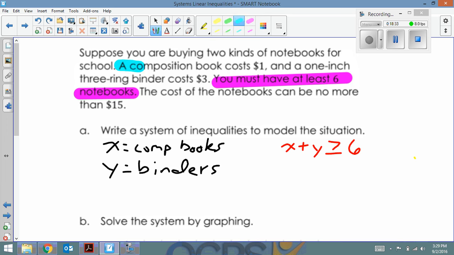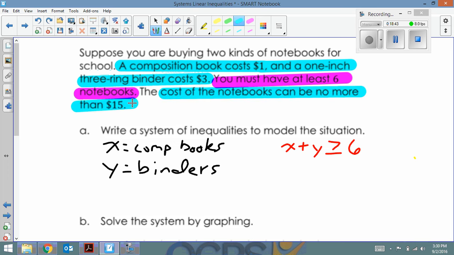A composition book costs $1 and a 1-inch 3-ring binder costs $3, and the cost of the notebooks should be no more than $15. So that's going to be 1x, or just x, plus 3y, and because we can't go over $15, no more than, we're going to do less than or equal to 15.